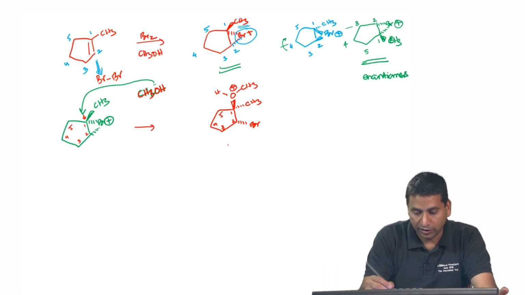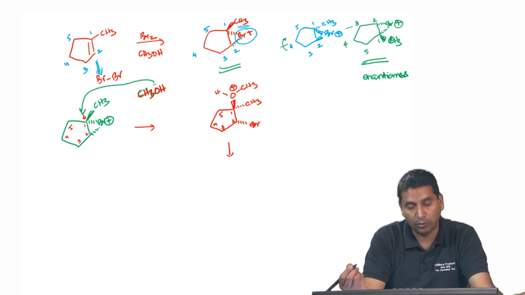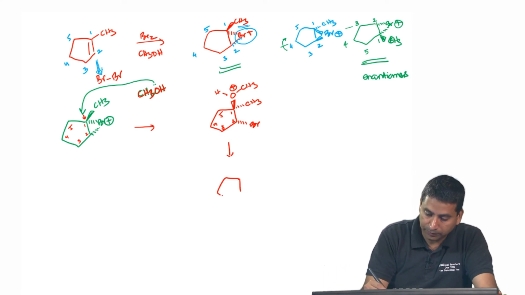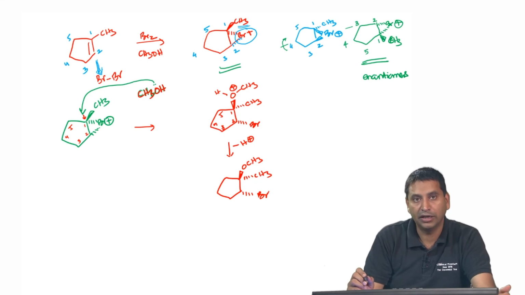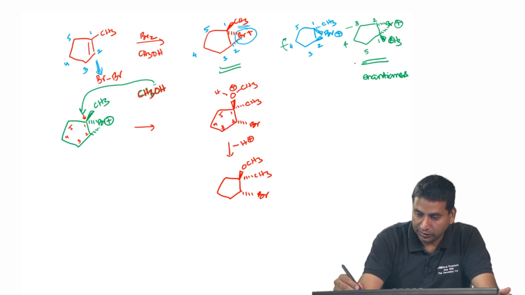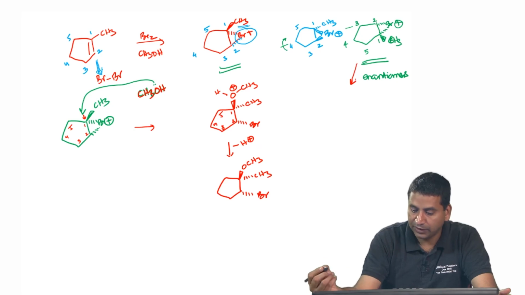Okay. And this will of course lose a proton and give you OCH3 with a methyl group down and a Br down. Okay. Now, you can think of the other possibility where this actually reacts and it will give you exactly the opposite product.